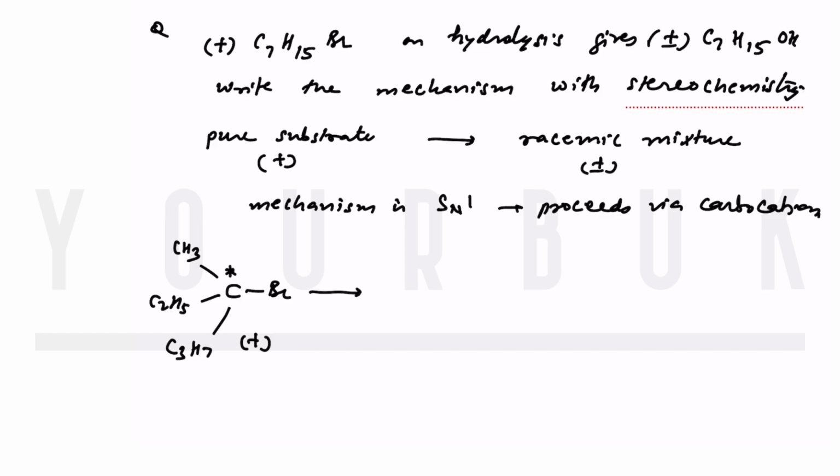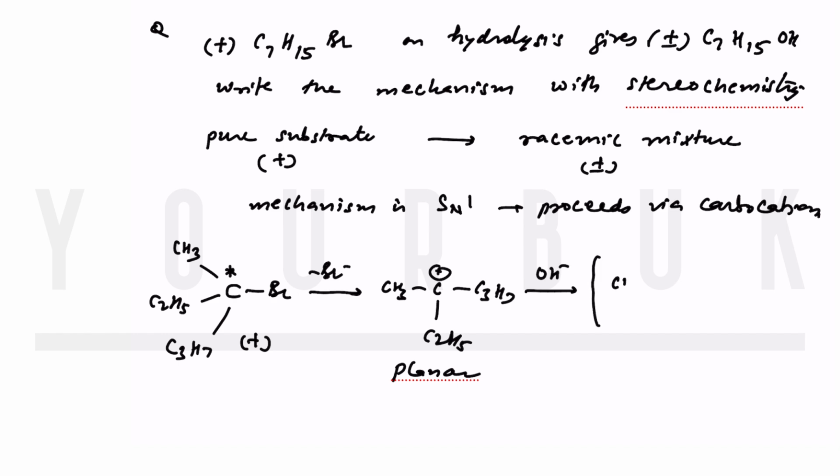The first step is the loss of bromide, Br minus, which gives a carbocation. So this is my carbocation, which is planar, flat. Then it reacts with hydroxide ion to give a mixture. So this is my mixture.